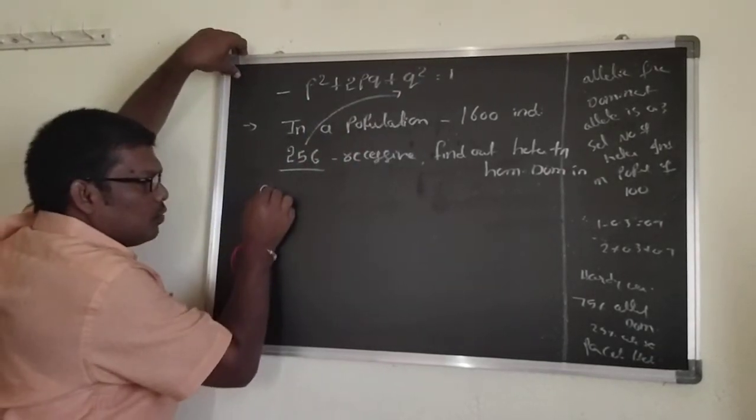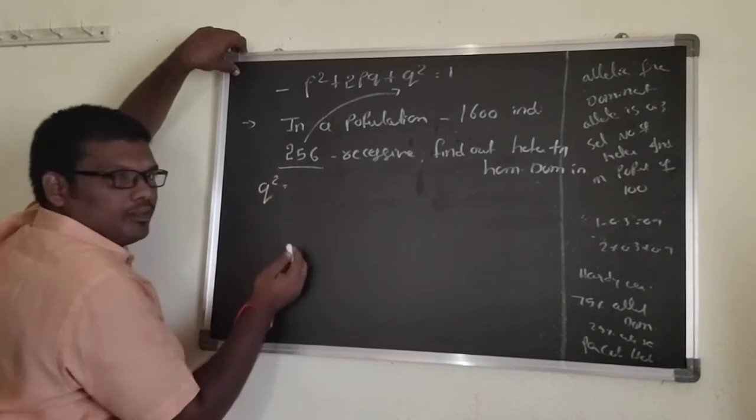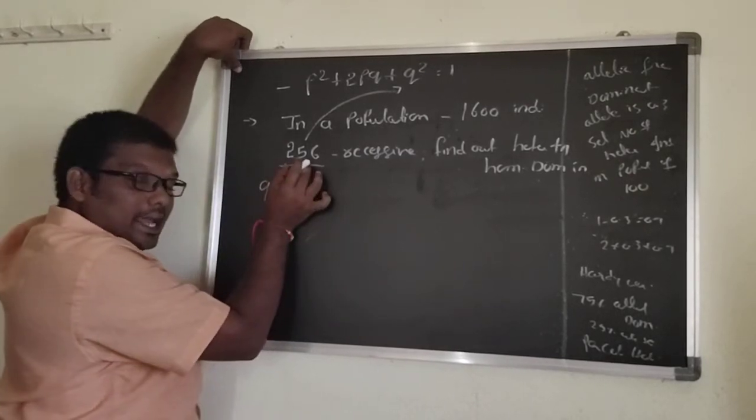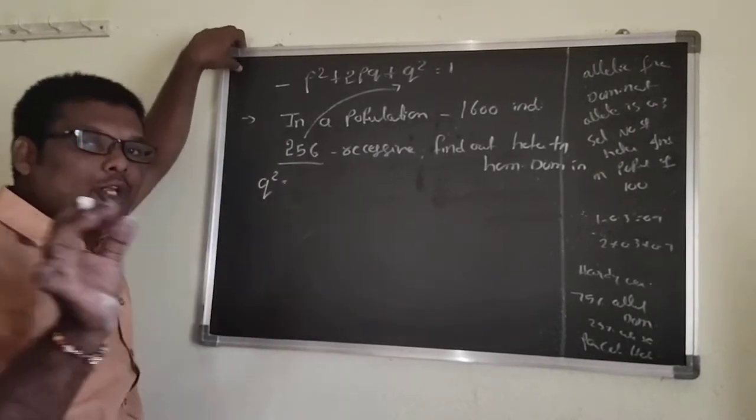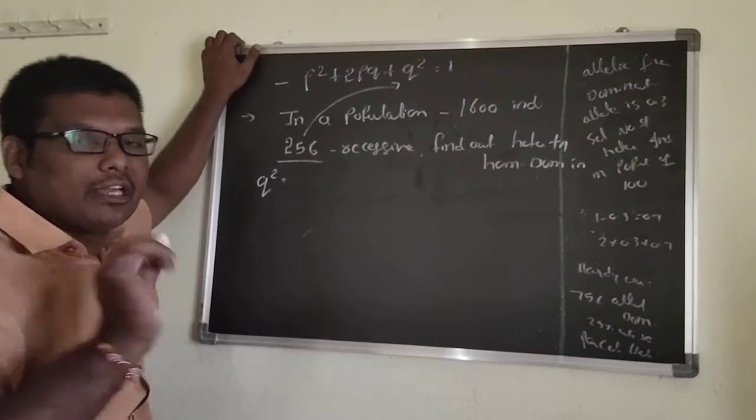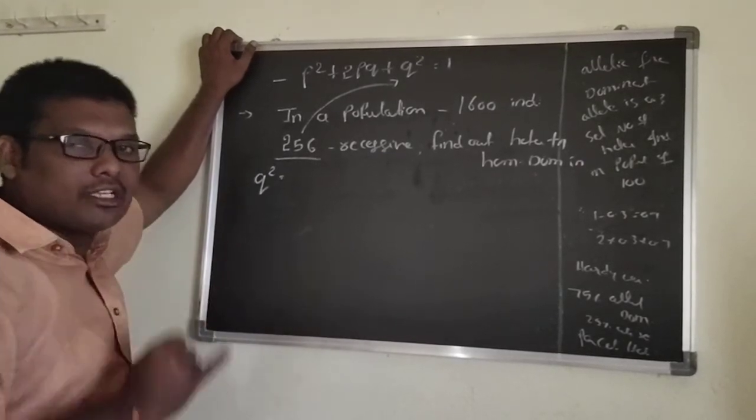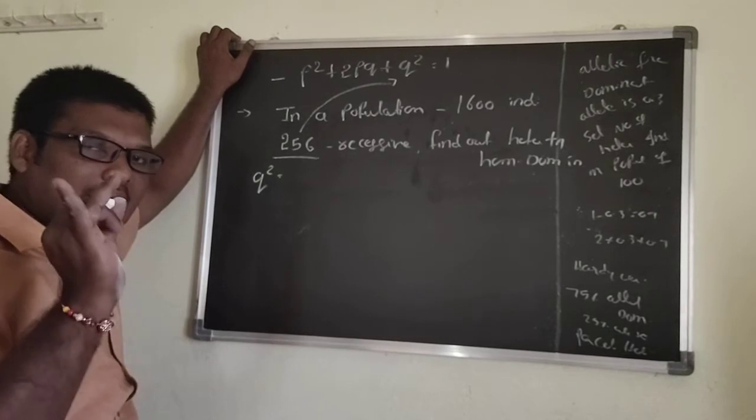If they give individuals, compulsorily you calculate the frequency. One is the genotypic frequency, another is the allele frequency.